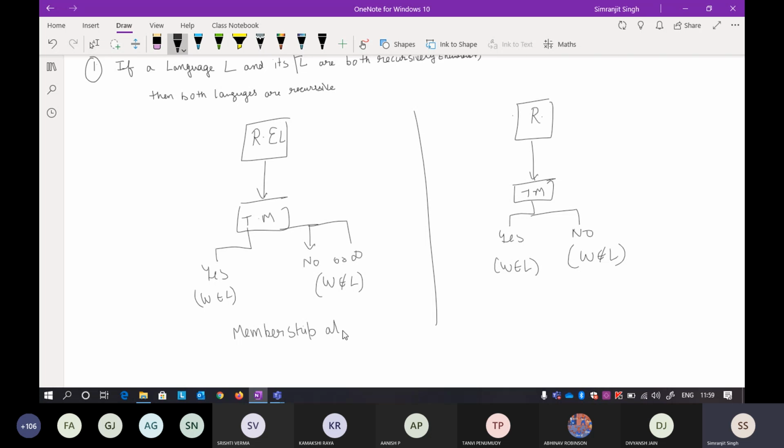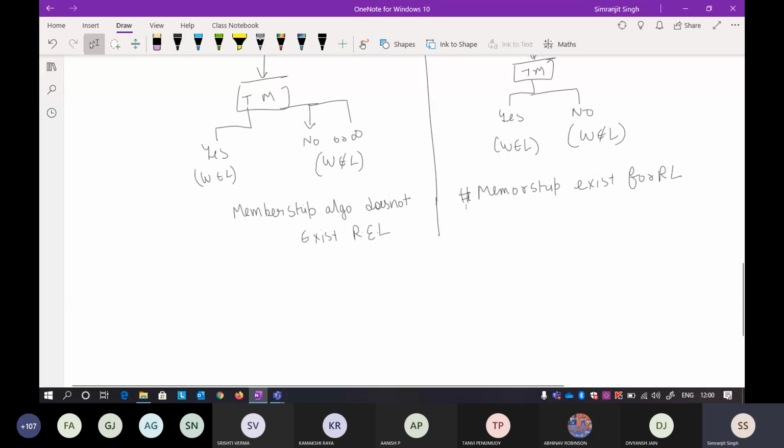So you can say that the membership algorithm does not exist for recursively enumerable languages, but the membership algorithm for recursive languages exists, because it can say that a particular string lies or does not lie in the language.